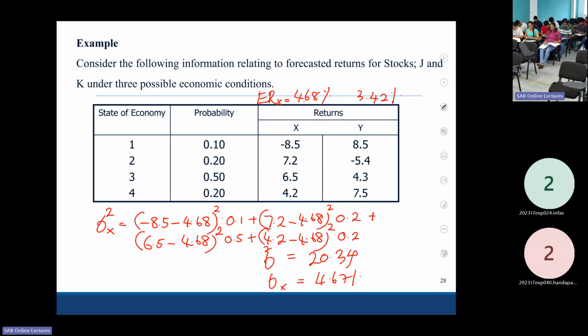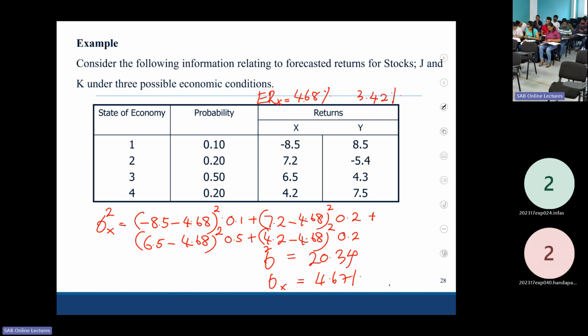Once you take the square root of this, that is the standard deviation. Is the standard deviation 4.67?